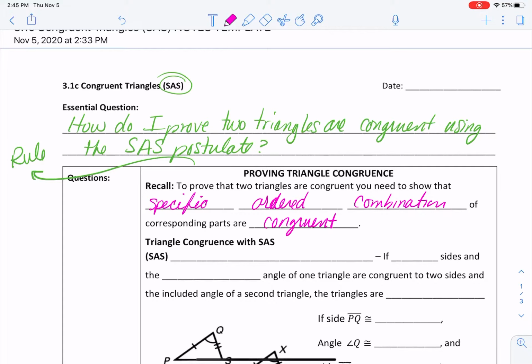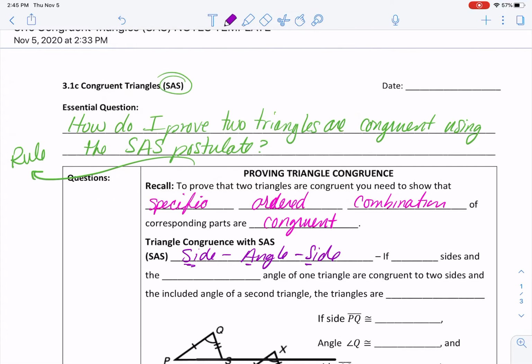Specific because I'm asking for specific ones, and it has to go in a specific order. So this time we're talking about side angle side. That's where the SAS comes from.